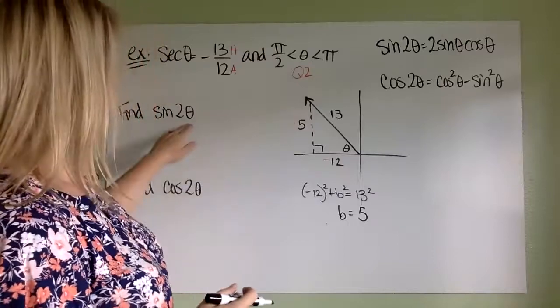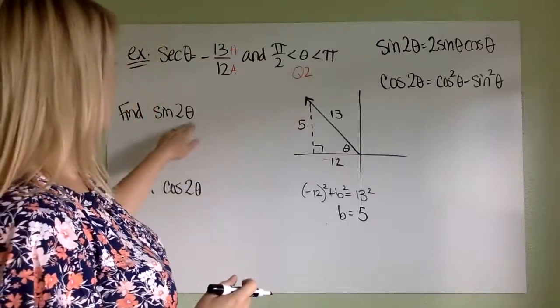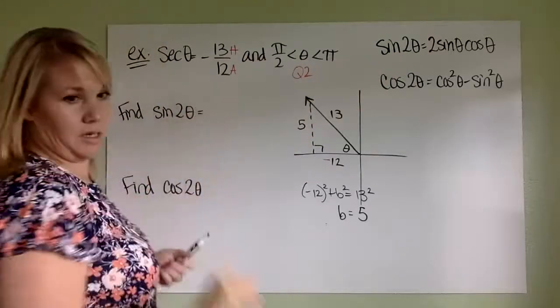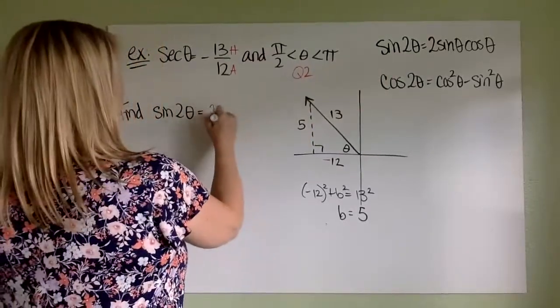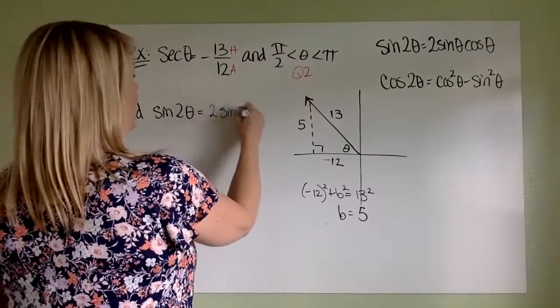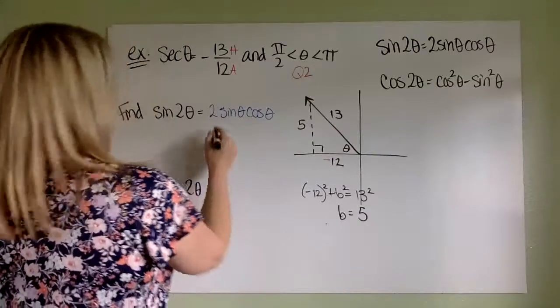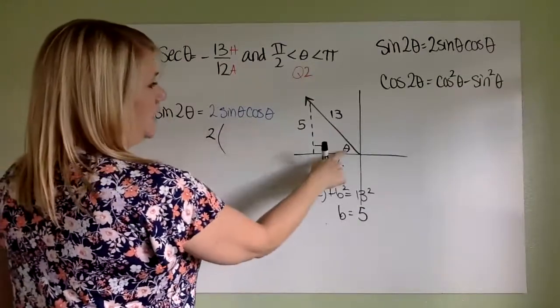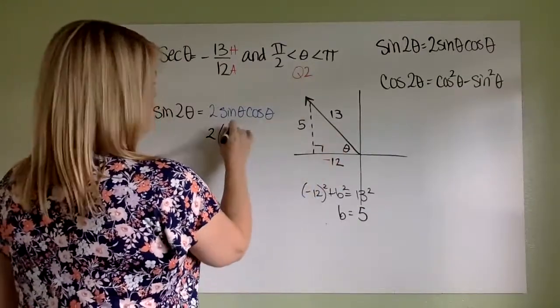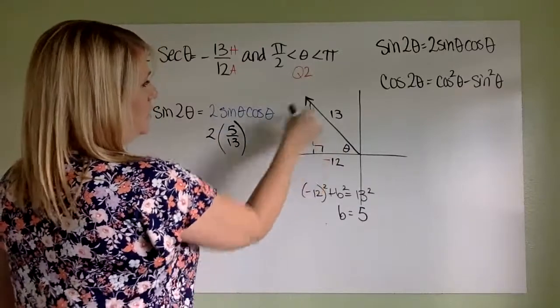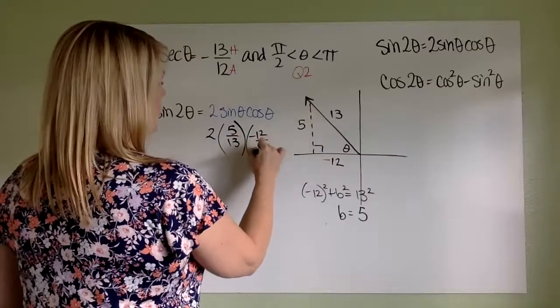And so then I would just take for the sine of 2 theta and use my little formula right there. It looks like 2 times the sine of the angle times the cosine of the angle. So it's 2, and then the sine of the angle would be opposite over hypotenuse, so 5 thirteenths, and then the cosine of the angle is negative 12 thirteenths.